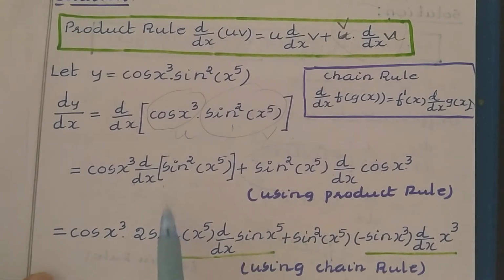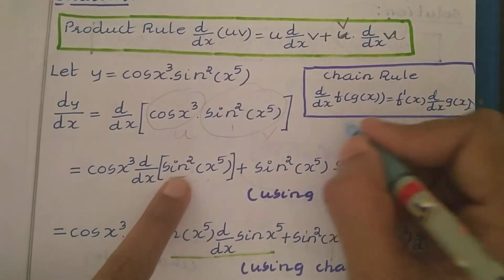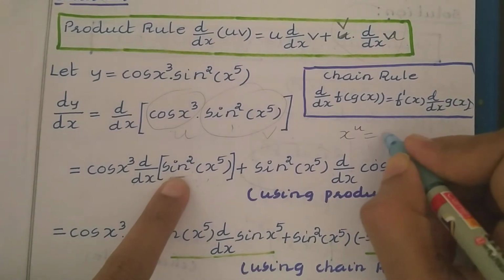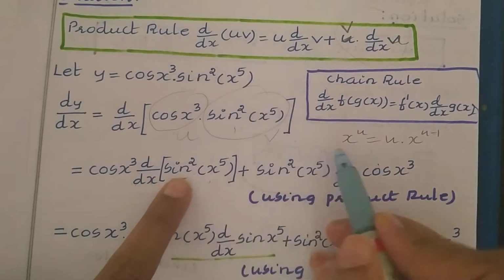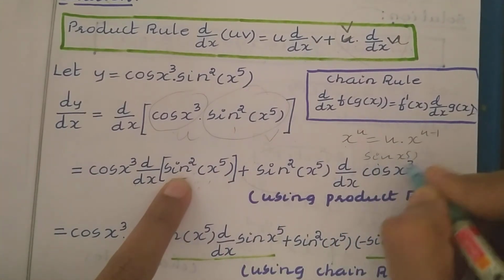Then next here let us find the derivative of d by dx of sine square x to the power 5. See now here we are not finding the derivative of sine. Here we have sine square. That means you have to apply this derivative formula: x to the power n is equal to n into x to the power n minus 1. In the place of x here we are taking sine x to the power 5.